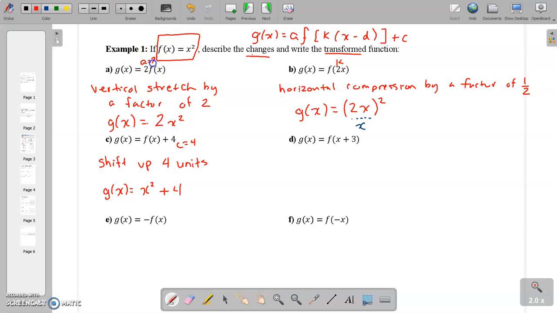Here your a equals 2. Here your k equals 2. Now this value you can see is your d value. So since this is positive and the original formula is negative, that means your d is actually negative 3. And then again, that affects the original x value. So we're going to shift to the left 3 units.